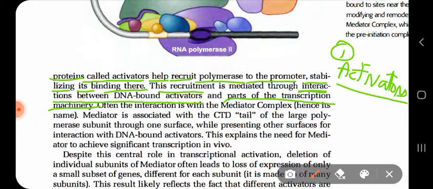With the help of this interaction, activators place the RNA polymerase to bind in that site. So there is no chance of anything wrong occurring. The RNA polymerase will bind to the promoter site only, because the transcription factors regulate that region to allow RNA polymerase to bind, and the activators also recruit the RNA polymerase to bind on that site by interaction between the DNA bound activators and parts of the transcriptional machinery.